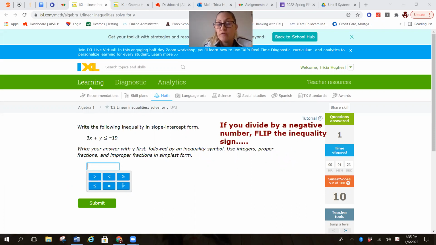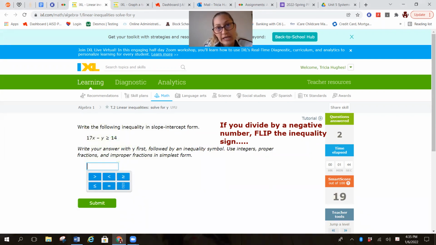So once you move the 3x and make it a negative 3x, you're done with the problem. It would be y is less than or equal to negative 3x minus 19.